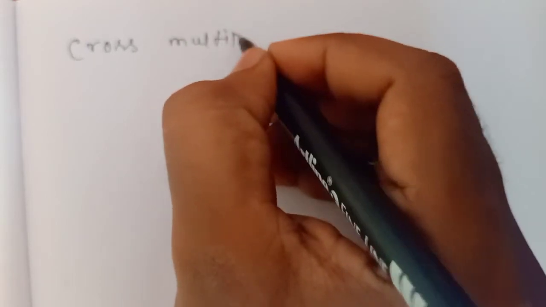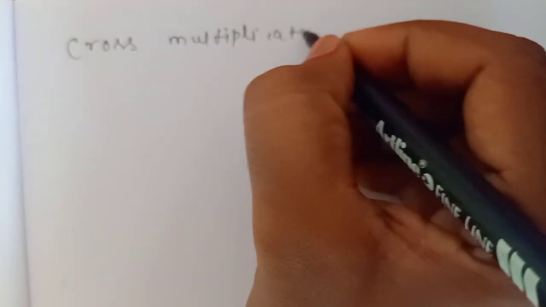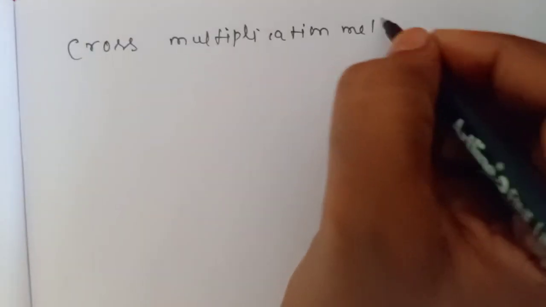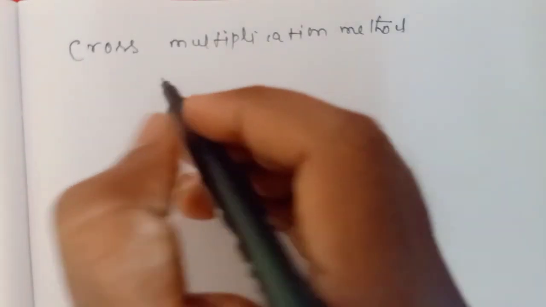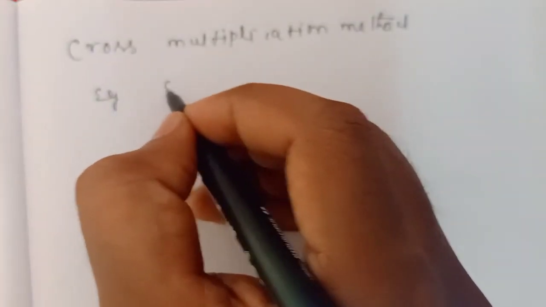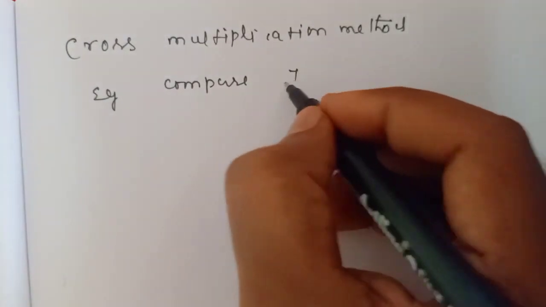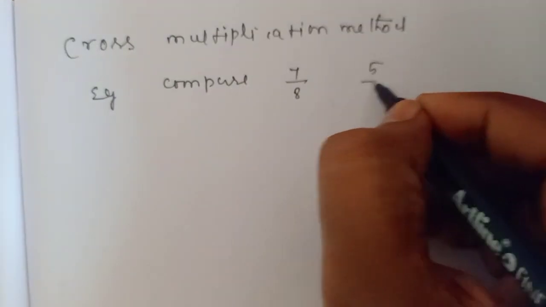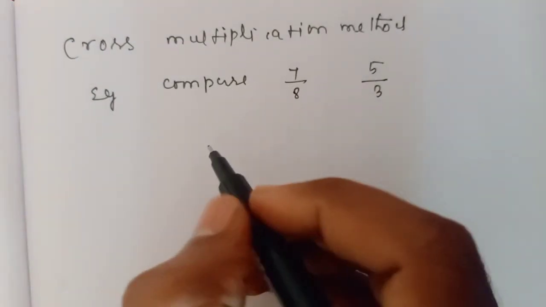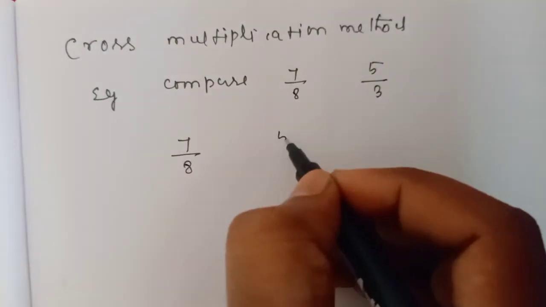The first method is the cross multiplication method. For example, compare 7 by 8 and 5 by 3.